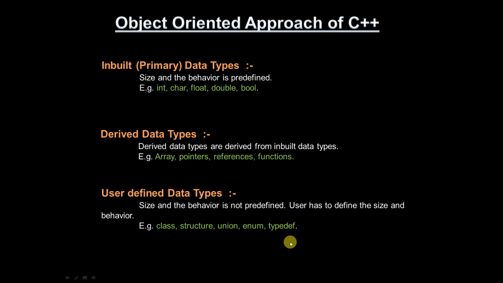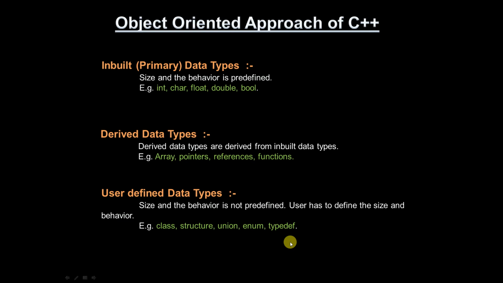Once you define that structure, only then does your programming language know. But integer, character, float are already present, their sizes are fixed and their behaviors are predefined. So who is going to define the size and behavior? Size and behavior are defined by the user or programmer who is using that programming language.